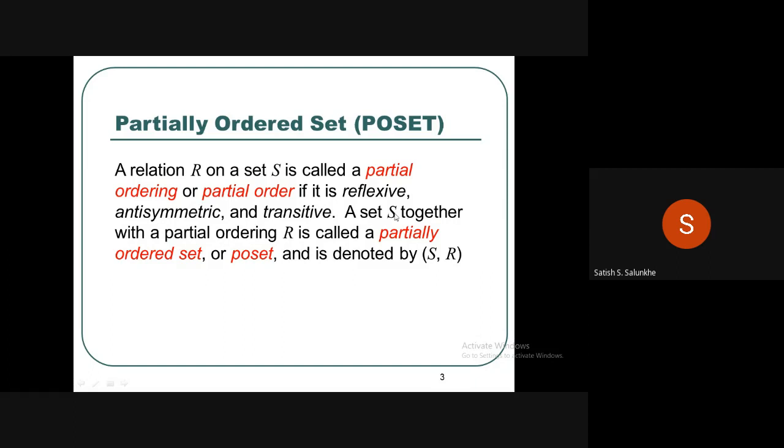A set S together with a partial ordering relation R is called a poset. So technically we denote it like this, (S, R), where S is a poset. Poset means that on this S there is a partial order relation R. So we call (S, R) a poset.